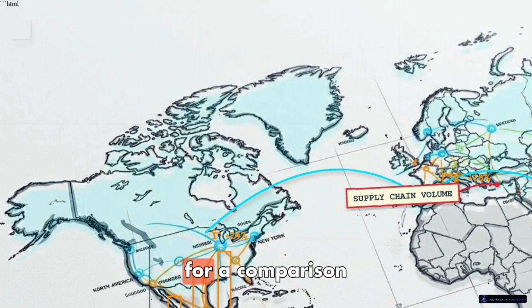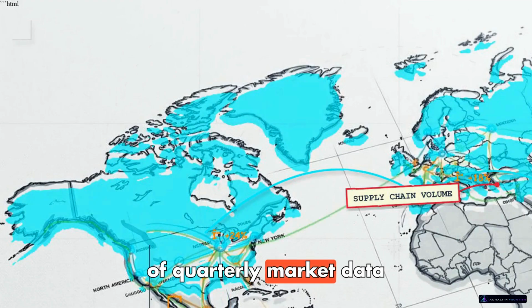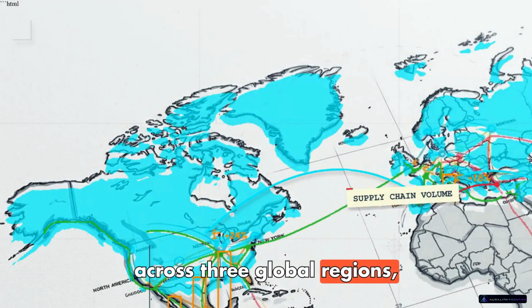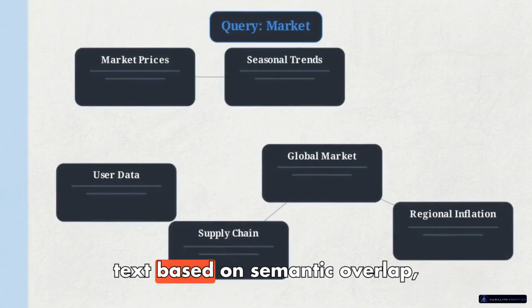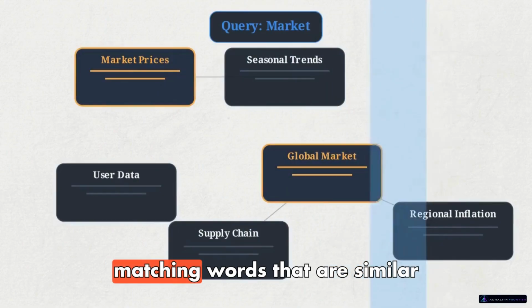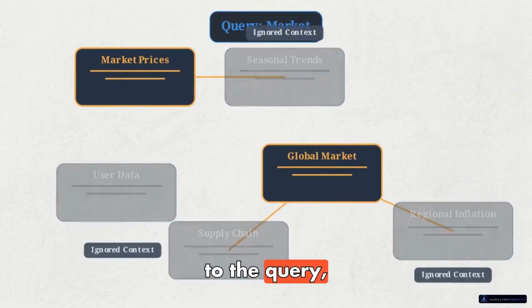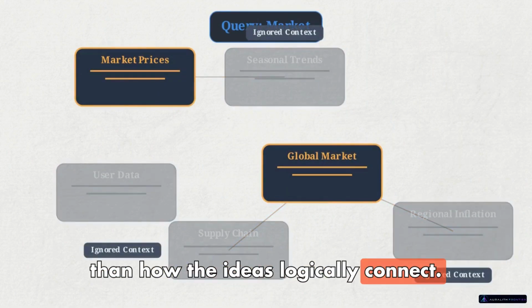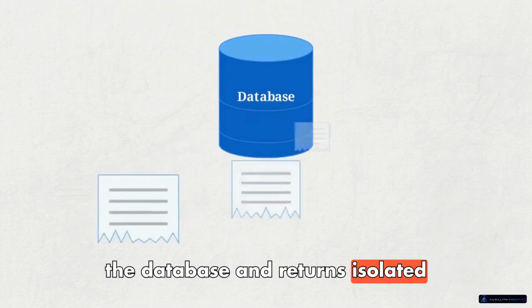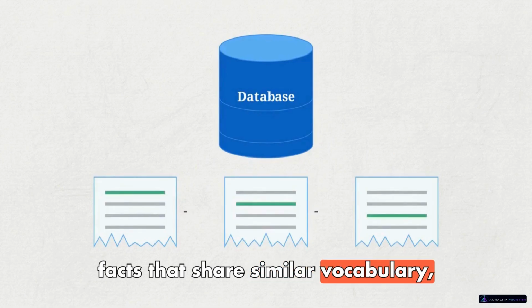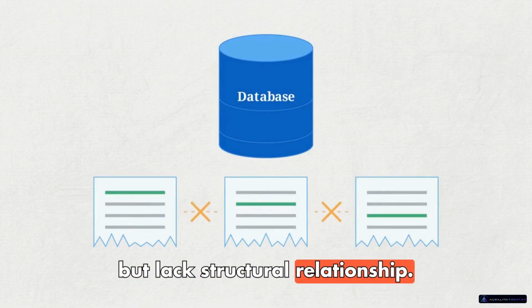Consider a query asking for a comparison of quarterly market data across 3 global regions, while accounting for seasonal supply chain shifts. Traditional RAG chunks and embeds text based on semantic overlap, matching words that are similar to the query, rather than how the ideas logically connect. The basic vector search queries the database and returns isolated facts that share similar vocabulary, but lack structural relationship.